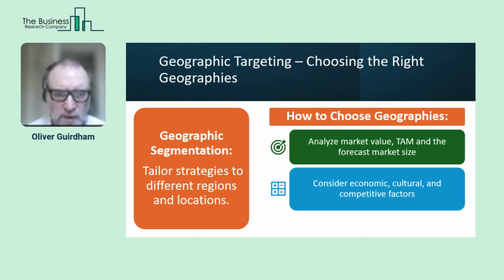Who are the customer groups that are potentially within my market that are not currently being addressed, but could be addressed, that could have a potential need for my service? And then also the forecast market size. How much is this market expected to grow? So those are key factors for deciding which markets to be targeting.